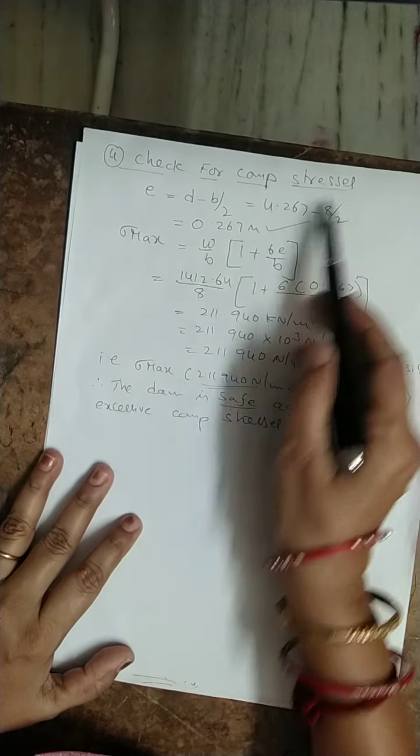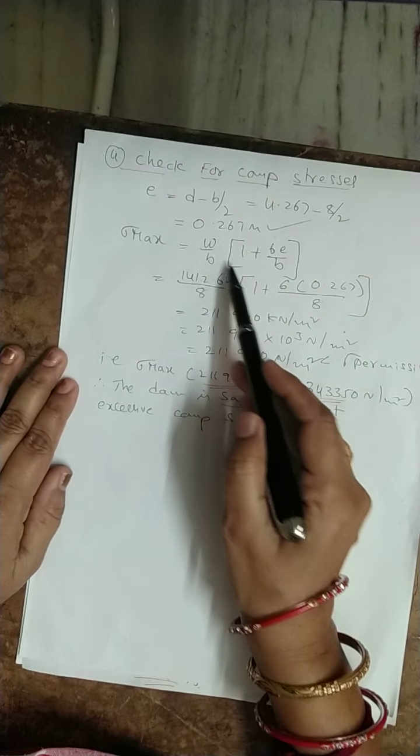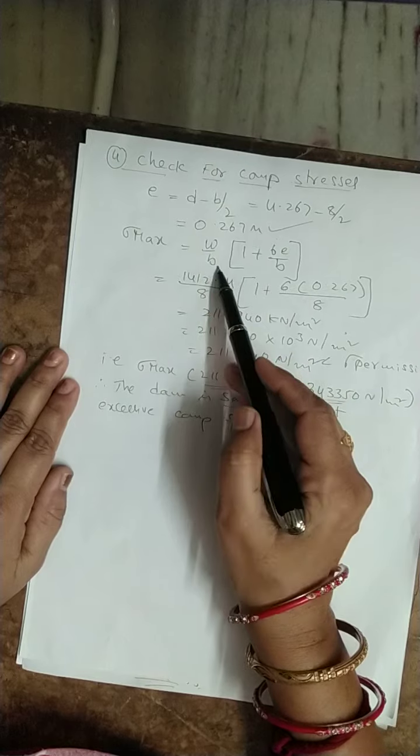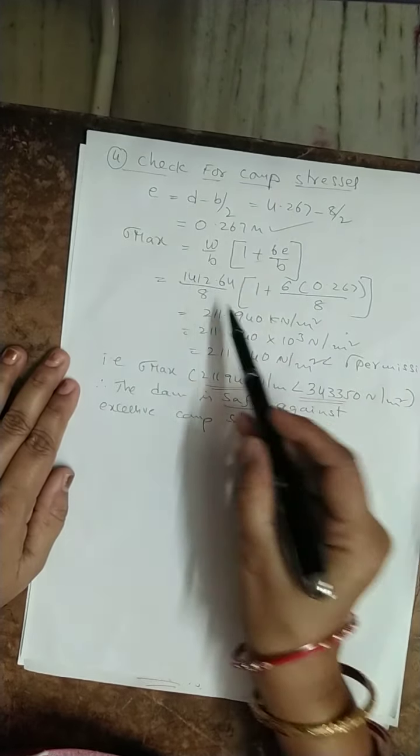Because it is a compressive stress, we have to take the relation for the maximum stress: W by B into 1 plus 6E by B. We take plus here because it is a maximum.